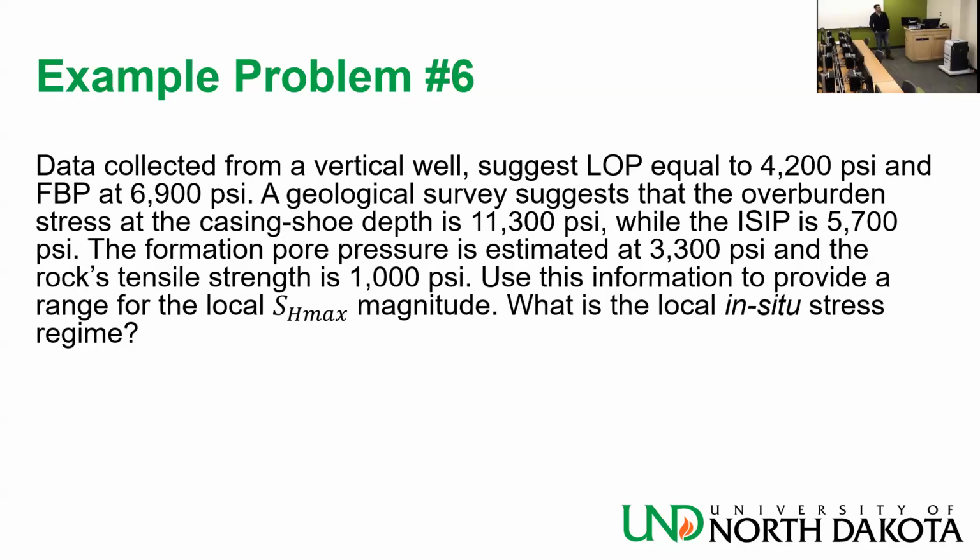And the geological survey suggests that the overburden stress at the casing shoe is 11,300, while the ISIP is 5,700 psi. The formation pore pressure is estimated at 3,300 psi, and the rock's tensile strength is 1,000 psi. Use this information to provide a range for the local SH max magnitude.